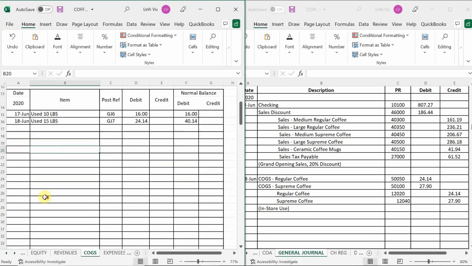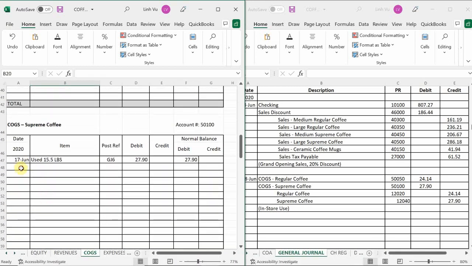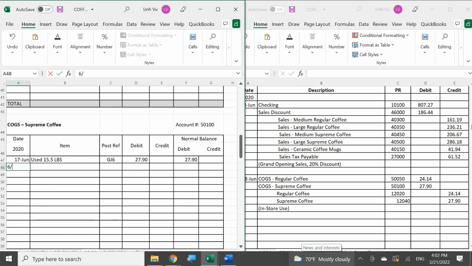Good. Okay. What was the cost of goods sold for my Supreme coffee? How many pounds did I use? I used 15 and a half, for $27.90. So what is my ending balance in my cost of goods sold Supreme coffee account? 55.80, right?